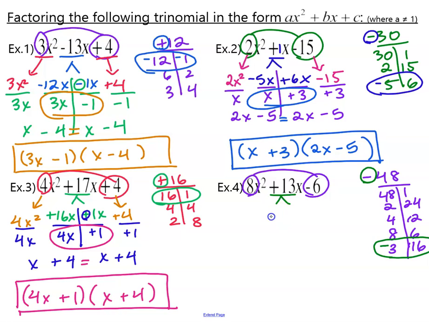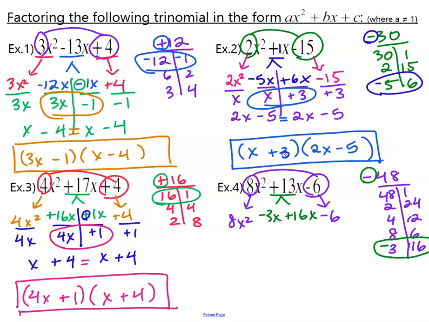So let's go ahead and split the middle. Negative 3x plus 16x. And then don't forget, we need to bring down the first term and the last term.